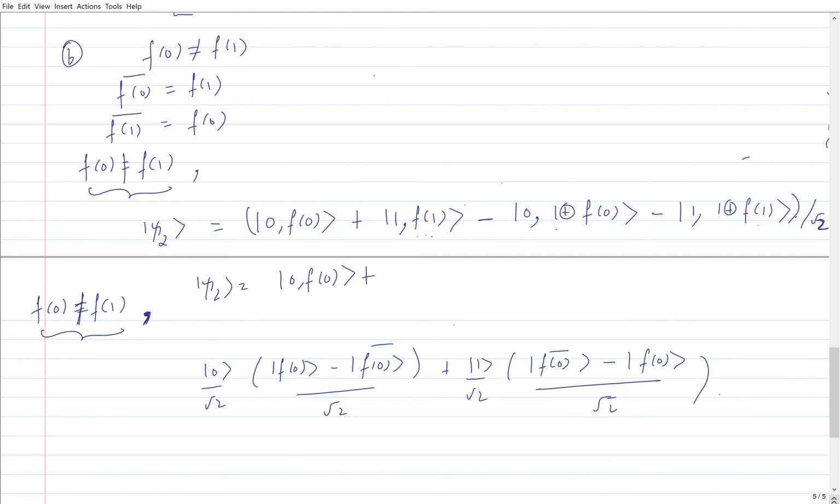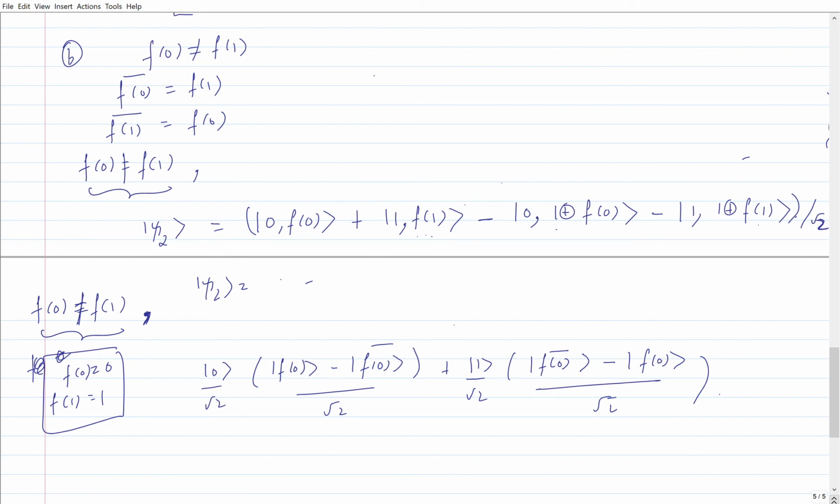So I'll use the condition. If f0 is 0, then f1 has to be, for example, 1, and vice versa. So essentially, that's the idea. So what I'll do is write it down.